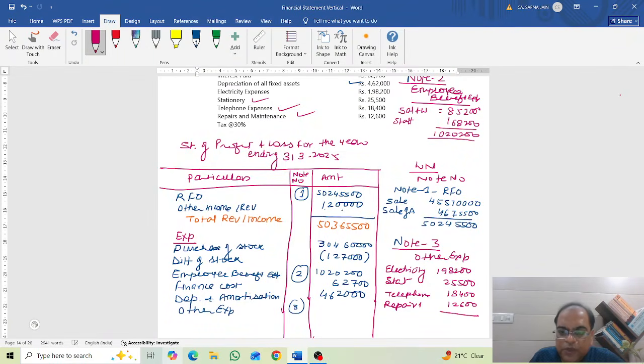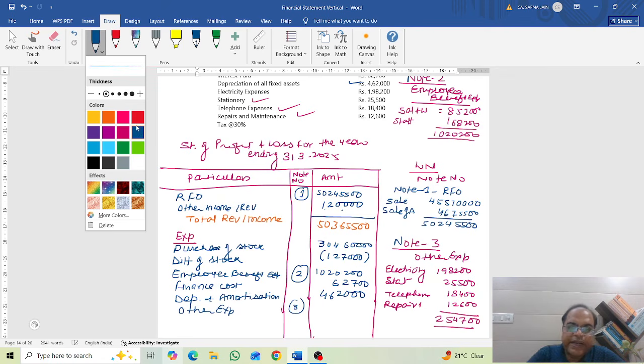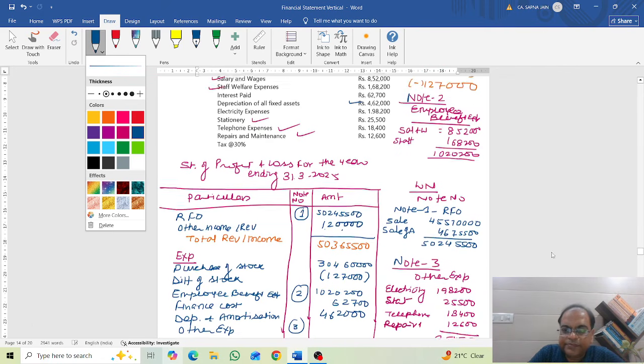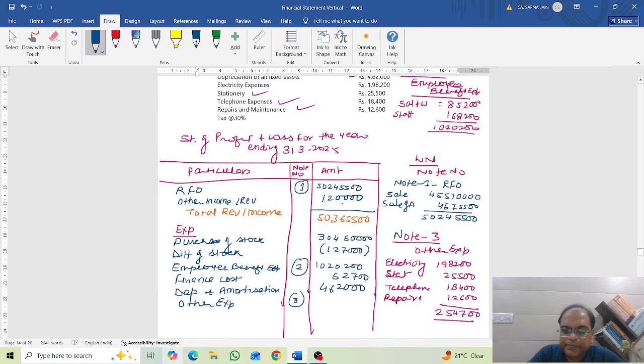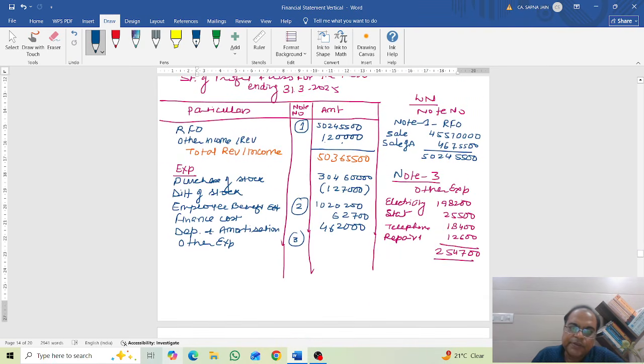So inclusion of all the 4 items, this is 2,54,700. This is the other expenses. So write down the other expenses in the main statement. This is 2,54,700.